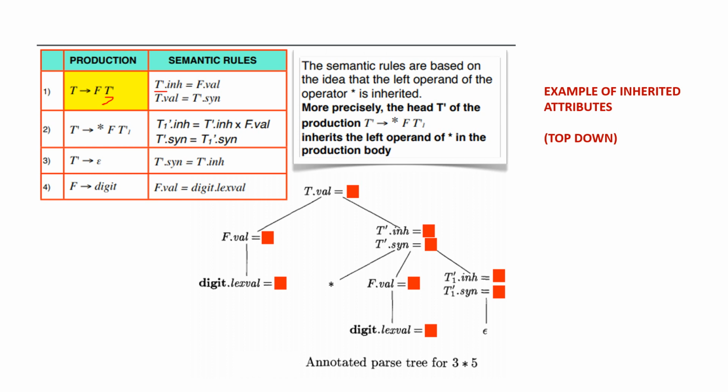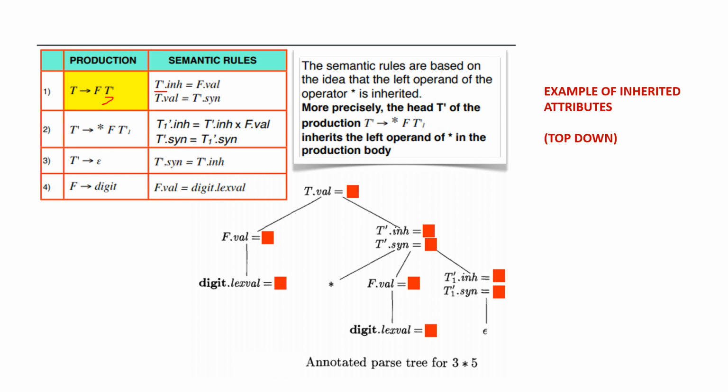And T dash tends to epsilon means we are assigning directly to the synthesis, so the value of T dash is assigned to T, the parent node. F tends to digit gets its value from the lexical analysis.